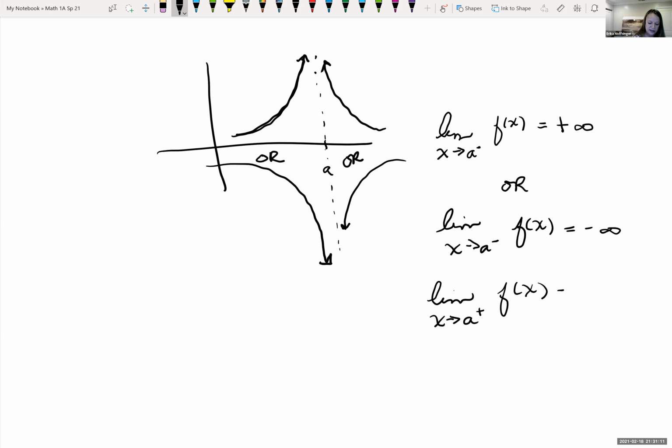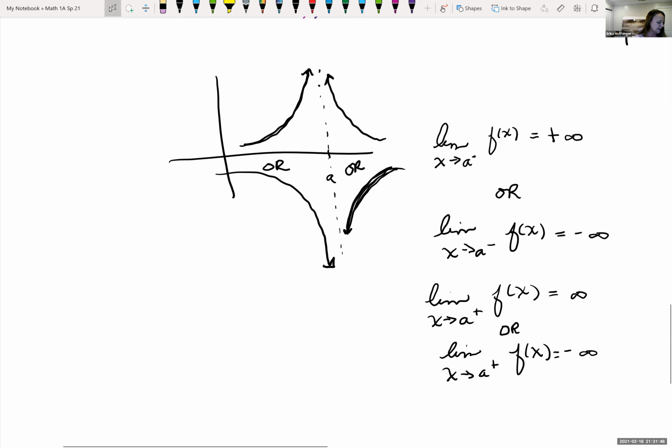Is it equal to positive infinity or negative infinity? Which way is it going? That will give us more of an idea of what the graph is going to look like.